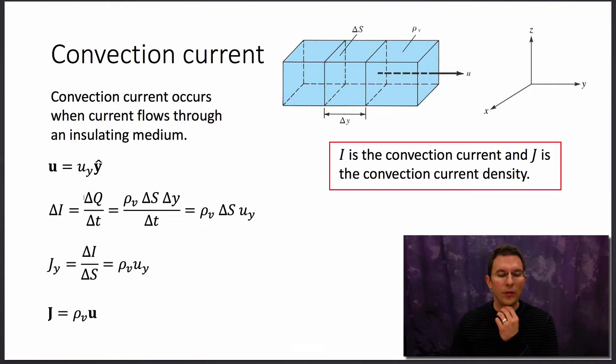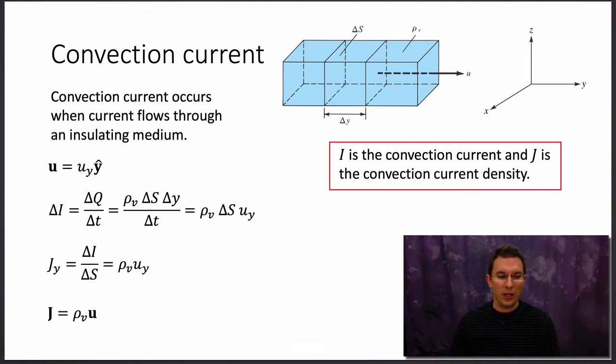Delta Q, the amount of charge in this little box of length delta Y and cross-sectional area delta S, is simply the volume charge density times this little volume, delta S times delta Y. We can rearrange this and say that delta Y over delta T, in the limit, is dy/dt, which is simply the velocity in the y direction.